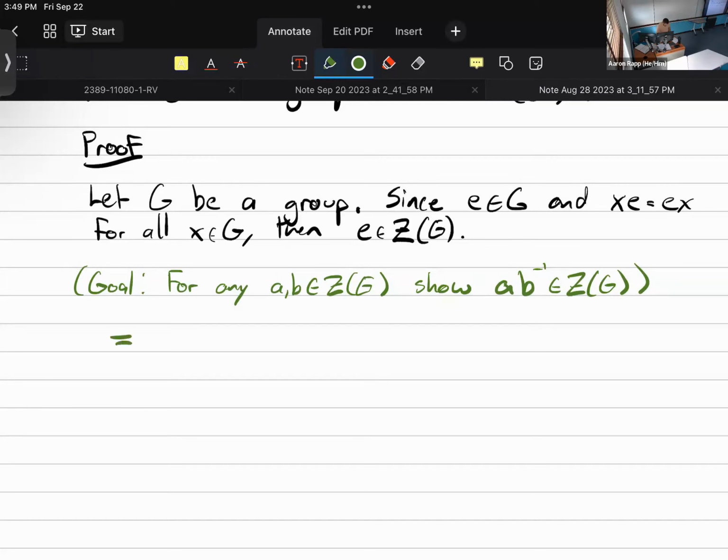This means I need to show that AB inverse times some element X is the same thing as X times AB inverse for all X in G. The question is, how do we show that?